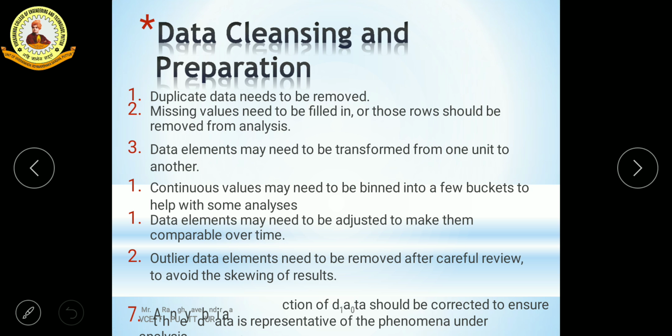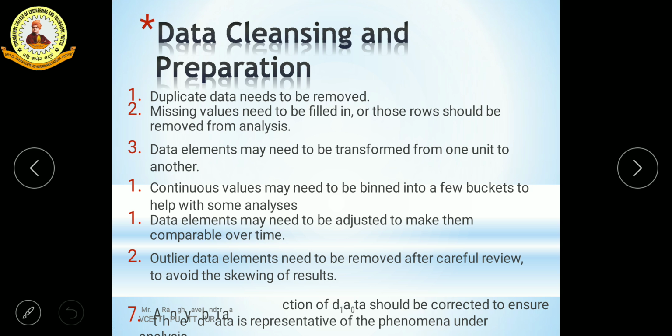Okay, so if you have given your user a registration form, and if he has not filled some mandatory options, then you can make your own links to fill them. So that is called data cleansing. Okay, then the third point is called missing value filling, right, in data cleansing.